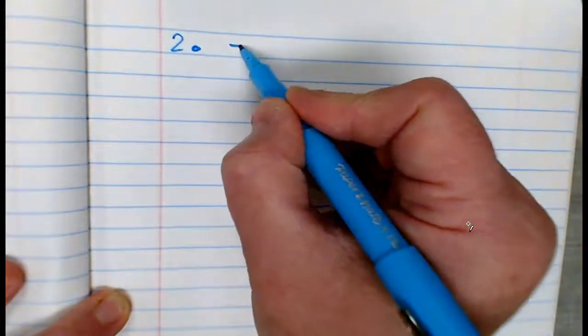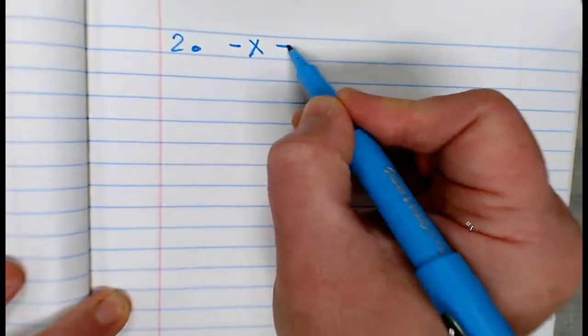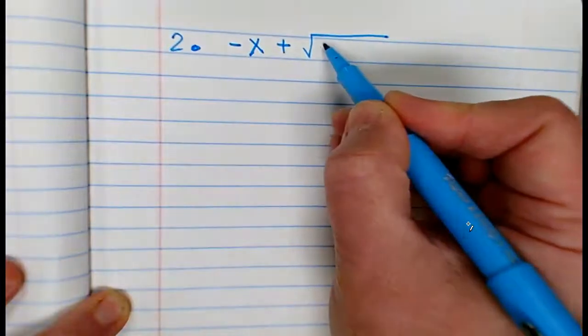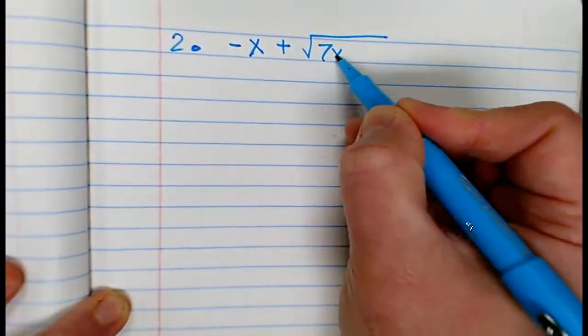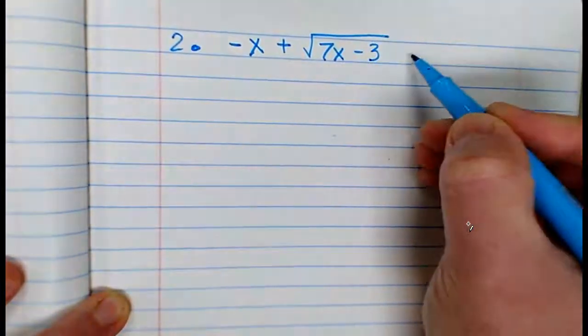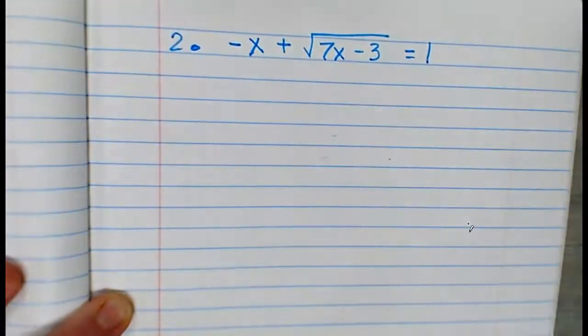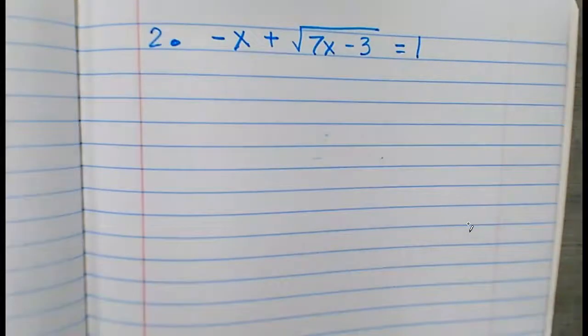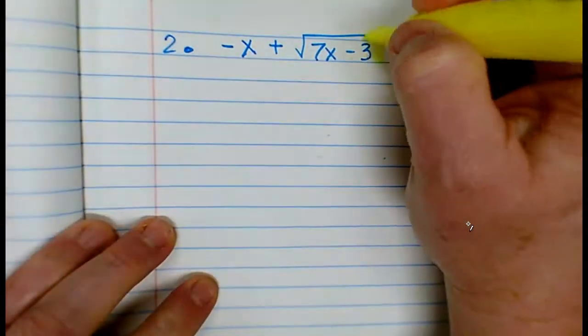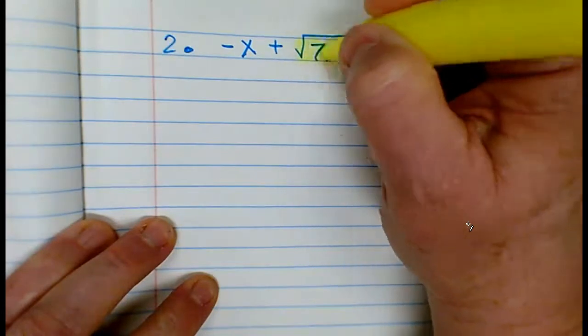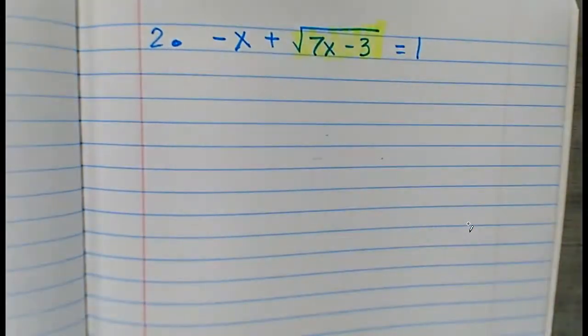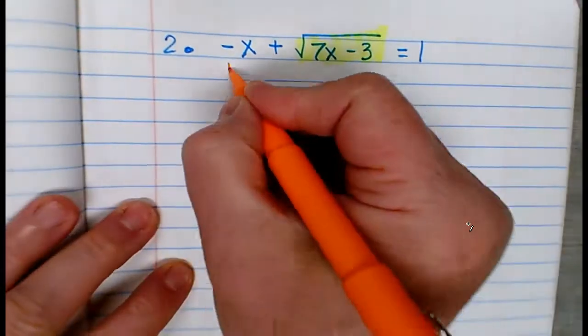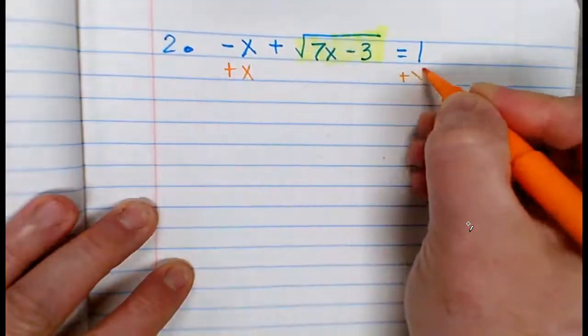So we have negative x plus the square root of 7x minus 3 equals 1. Before I can solve a square root equation, I need this square root to be by itself. It needs to be isolated. So I am going to need to add x to both sides.